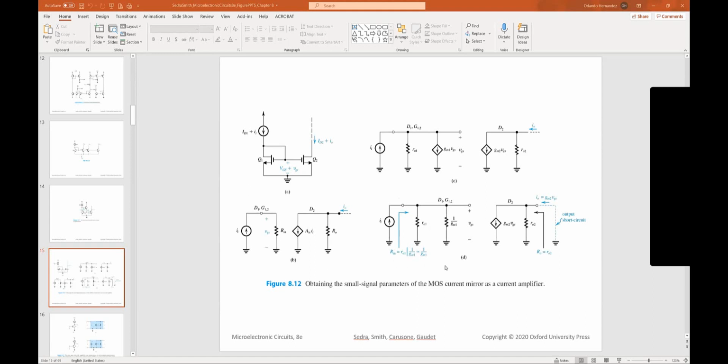What I'm going to be discussing next is based on this series of figures, so you want to be looking at and referring to figure 8.12 of the book as I go through the next analysis.